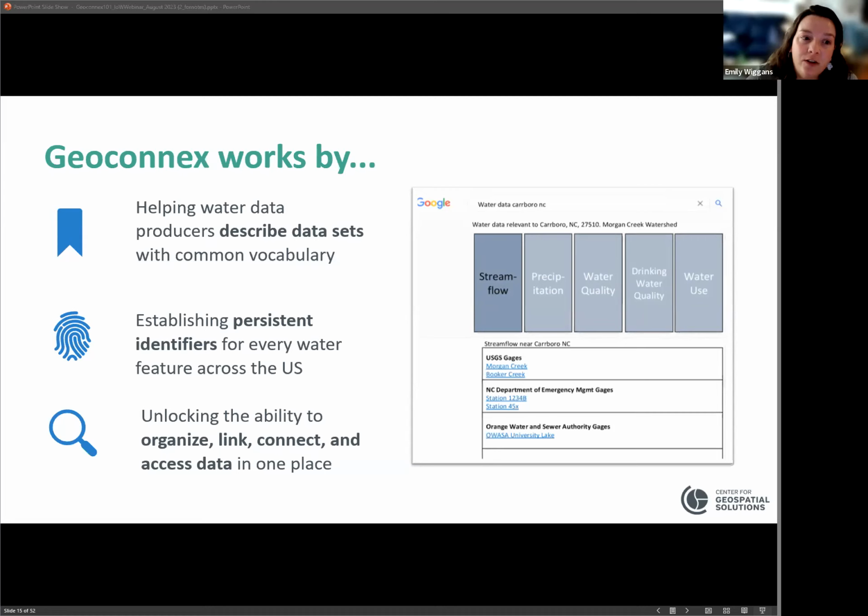So eventually the vision can be something like this image on the right, where if you want to Google water data for a place, it'll be as simple as Googling it. And you can figure out if that's stream flow that you're interested in, precipitation, water use data, etc. This is, I will note, a simplification, but it is Geoconnex 101 after all.